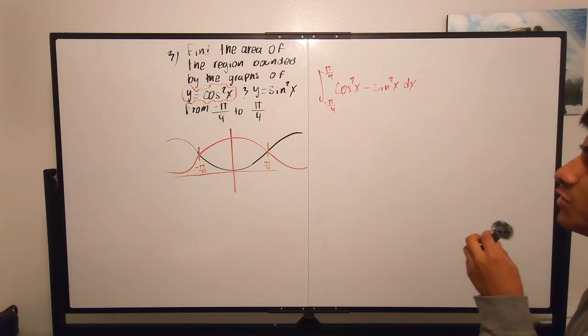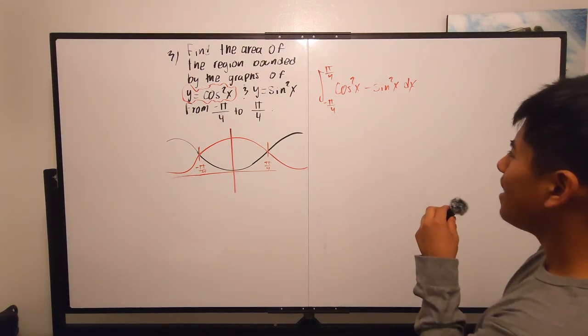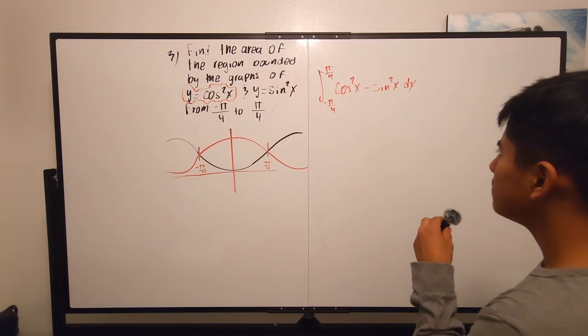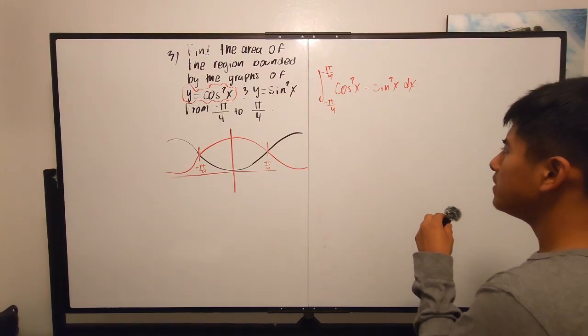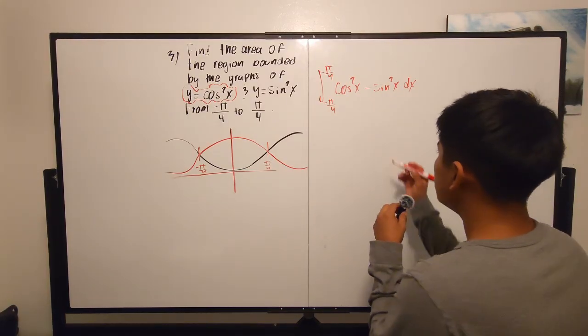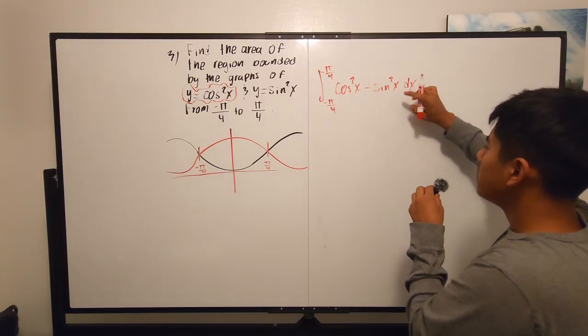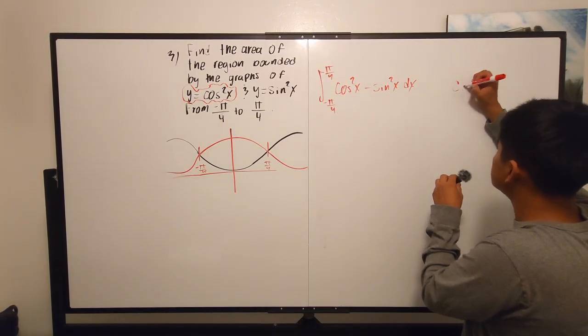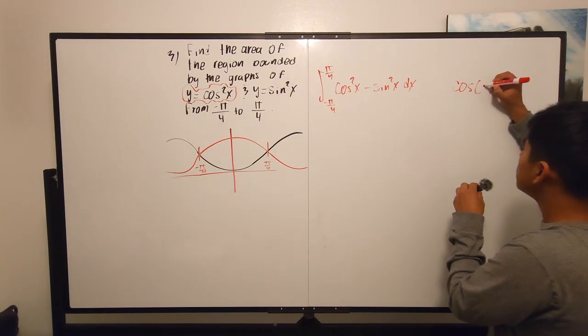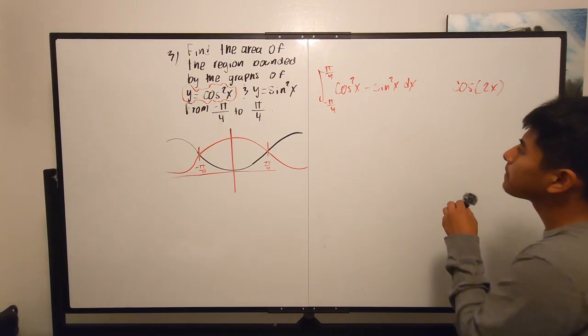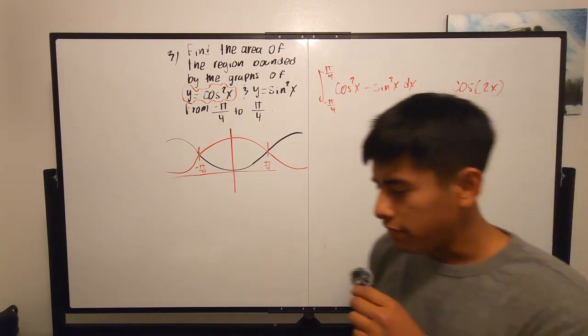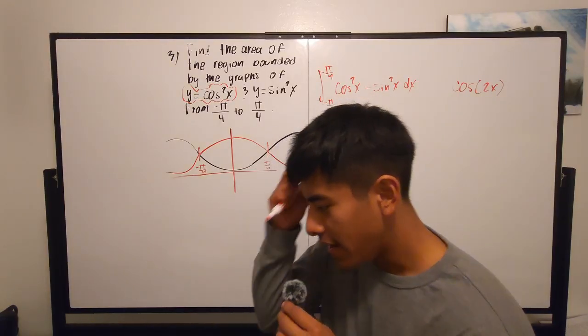Otherwise, to be honest, I probably could figure out how to solve this another way, but it's so much easier just with the trig identity. So cos x squared minus sine x squared can be rewritten as cos of 2x, if I am not mistaken, and I'm not.